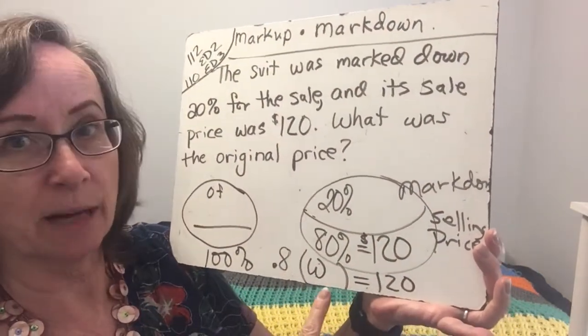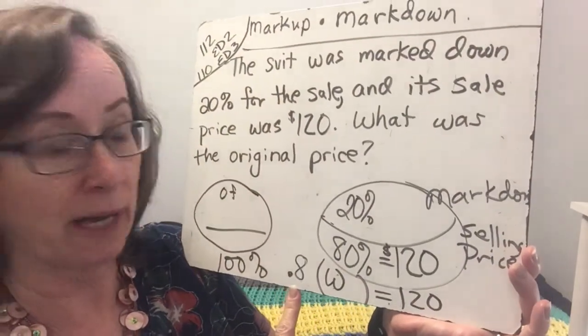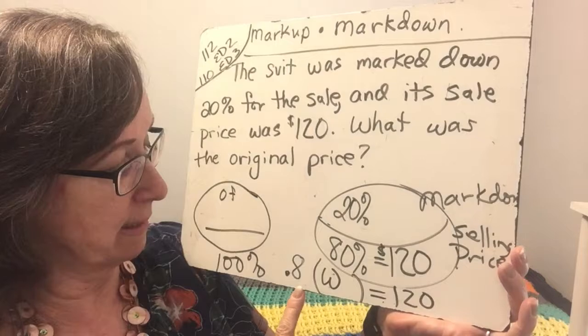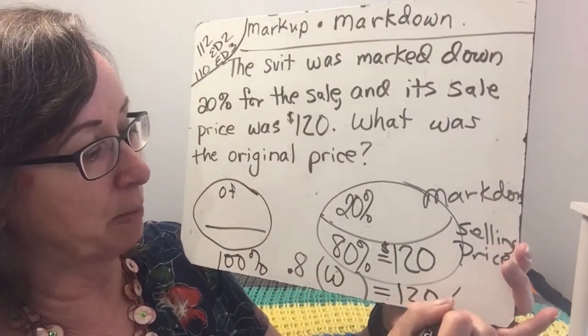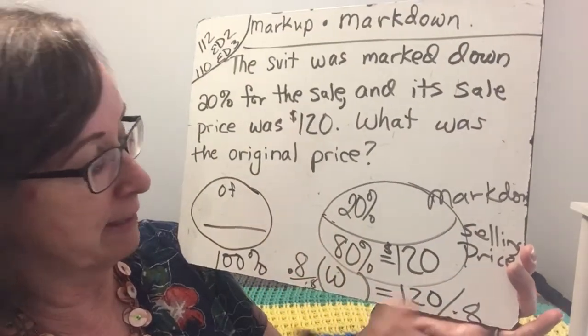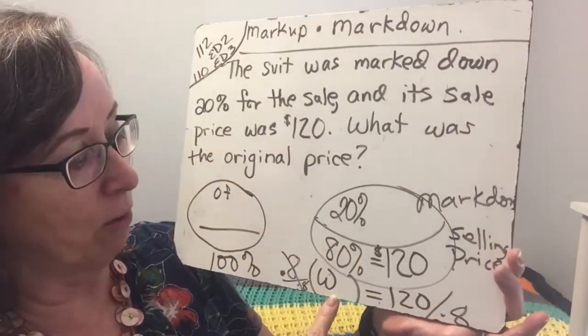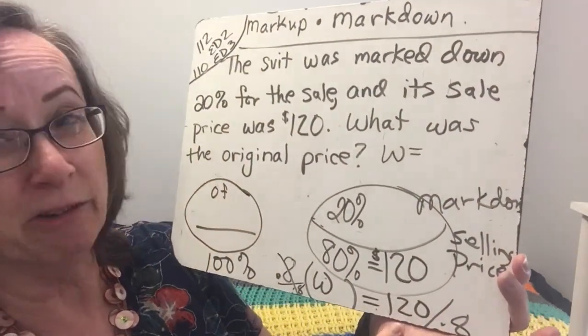Okay, so to get the W or the whole by itself, wouldn't I need to divide both sides by 0.8? So I'm going to divide this side by 0.8, divide this side by 0.8. This goes out. I get whole equals 120 divided by 0.8.